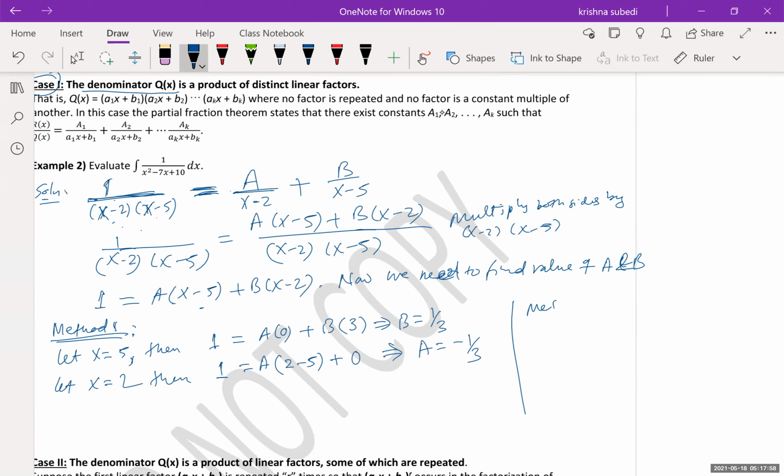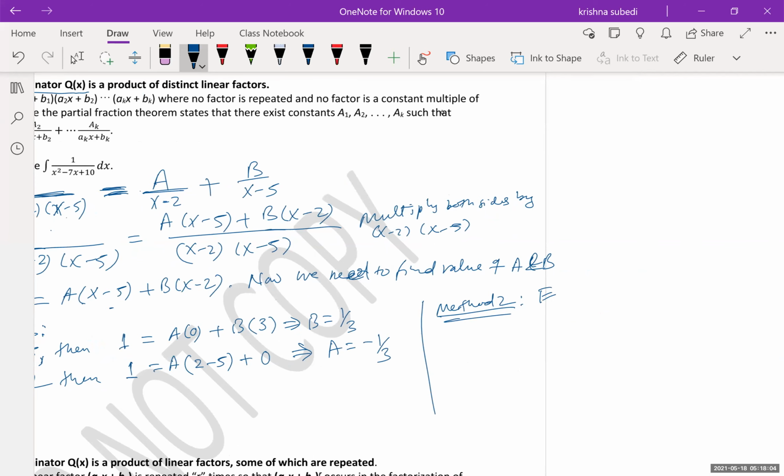Now method 2. What we can do is equate the coefficients, so we can equate the coefficient of x and figure it out.